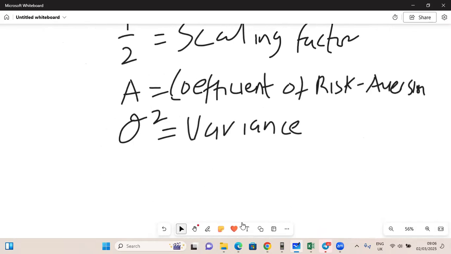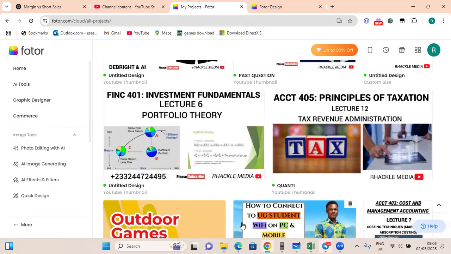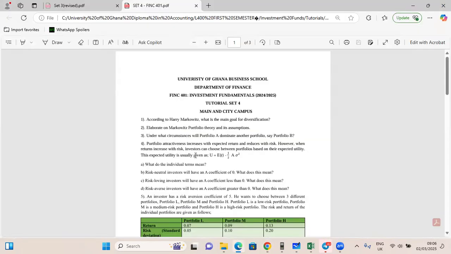Now, let's move to B. B is saying that risk neutral investors will have a coefficient of 0. What does it mean?